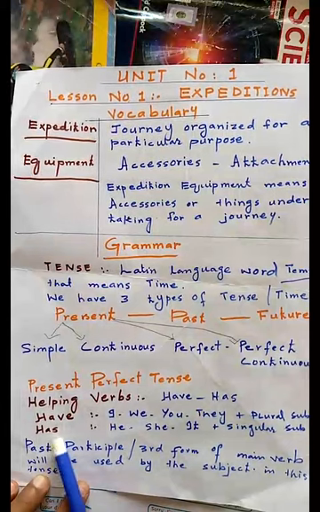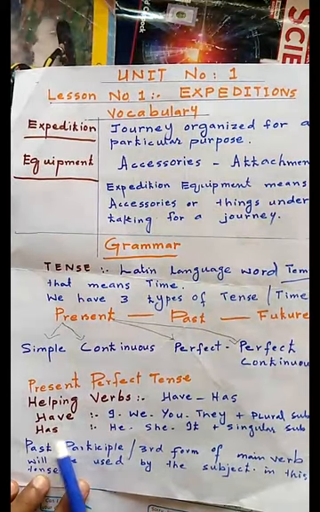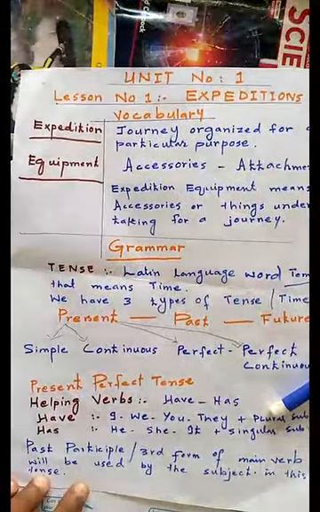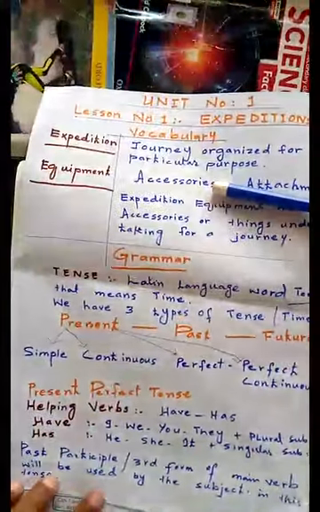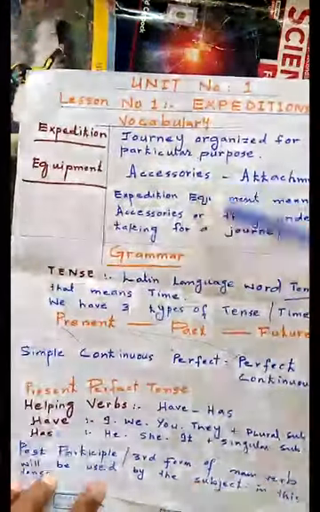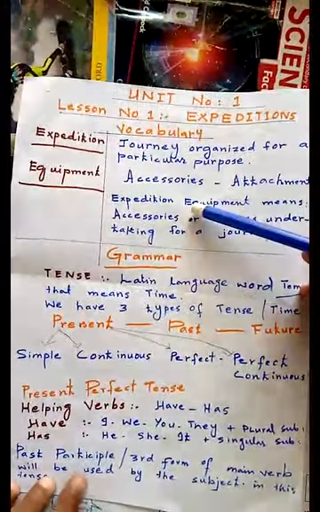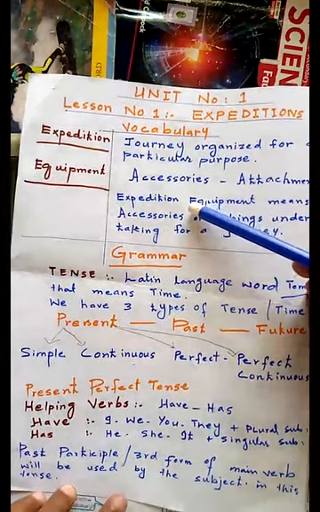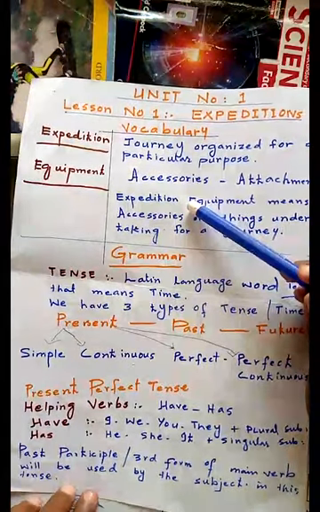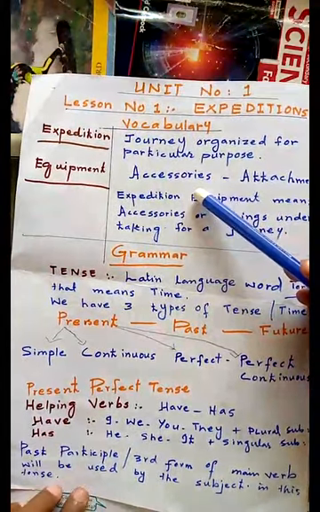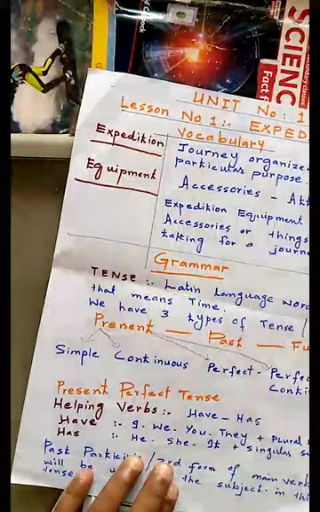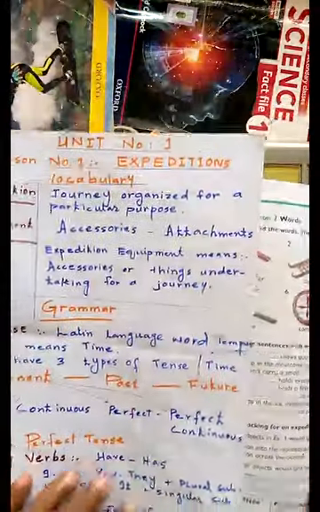Number 2, helping verb has. Has will be used with he, she, it, plus singular subjects. As I told you, if there is only one person who does the work, has will be used. So students, every single tense has its own specialties. Present simple has only the helping verbs do and does.